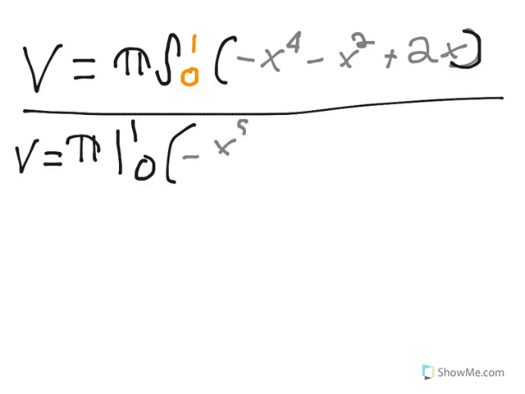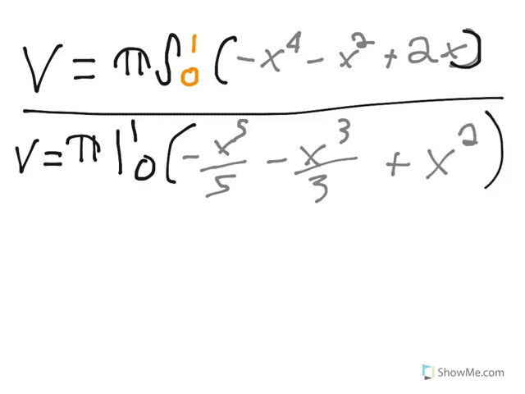Now x to the 5th over 5 minus x to the 3rd over 3 plus, it would be 2x squared over 2, so we can just say x squared, right? That is the integral.